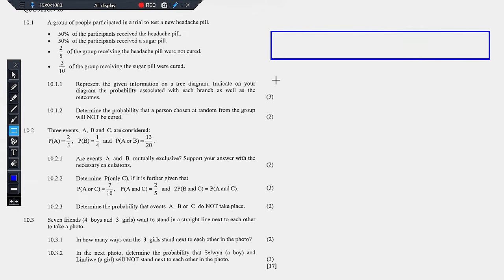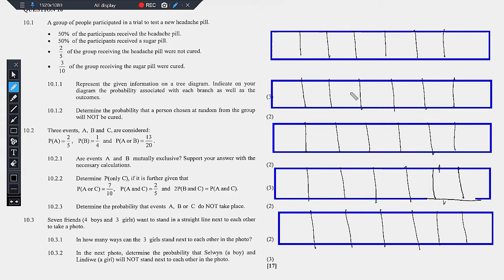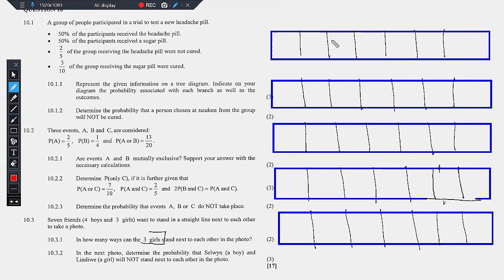Right, so I will start with this. Okay, now let's say we have this scenario here. Remember, we are trying to have these 3 girls always stand next to each other. So let's use a different color for them. So let's say this is for the girls, and then there are 3 of them, meaning that for the first girl we have 3 options, then the second girl, 2 options, and then the third girl, 1 option.